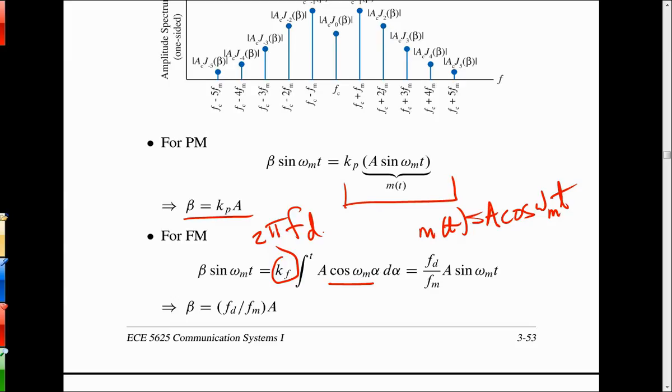So kf would be radians per second per volt, and fd is hertz per volt. So the 2 pi's cancel, and beta ends up being fd, the deviation constant of the modulator, over the modulation tone frequency times the amplitude A.